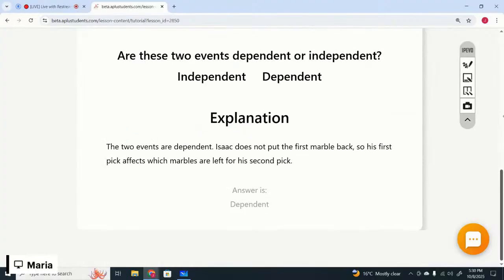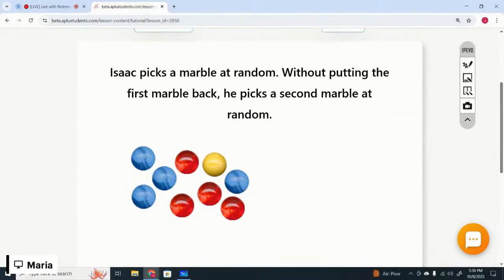The first thing is dependent events. Here we are given two events. The first event is you pick a marble. The second event is you pick another marble. The first time you pick, we have 1, 2, 3, 4, 5, 6, 7, 8, 9 marbles.